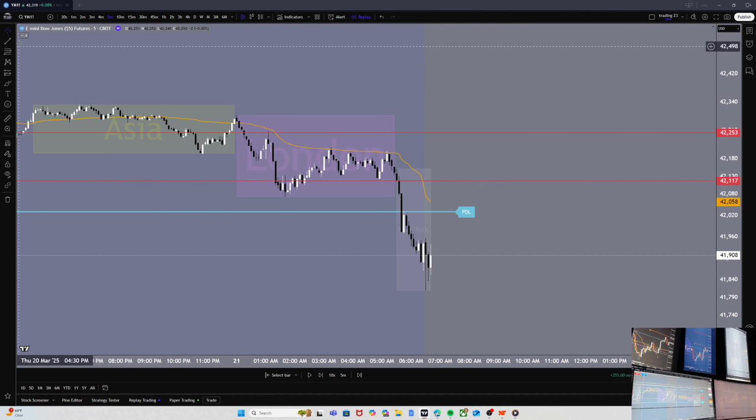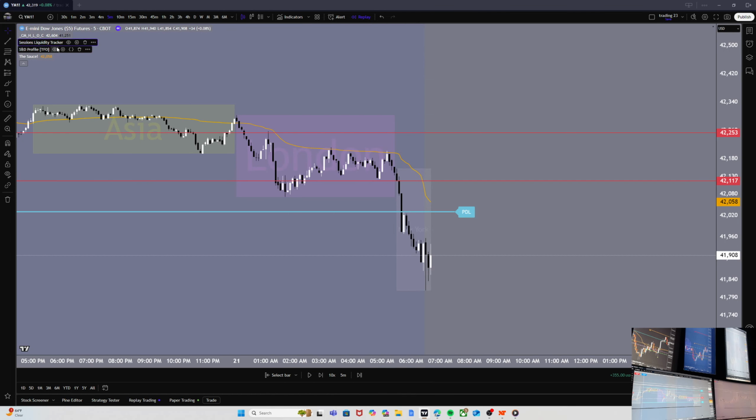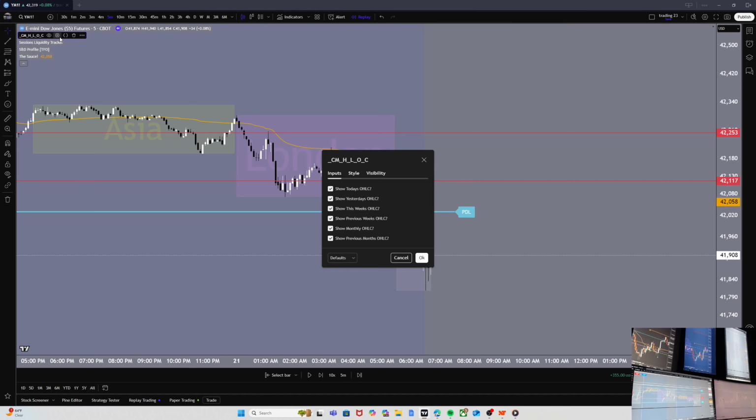But it's pretty simple. If you guys want the indicator that I use on here, you can go on TradingView. This is the season liquidation tracker. That's going to be for the Asia and the London. That breaks that down. You guys can look that up. If you want the actual one I use for the previous day low, it is this one right here.